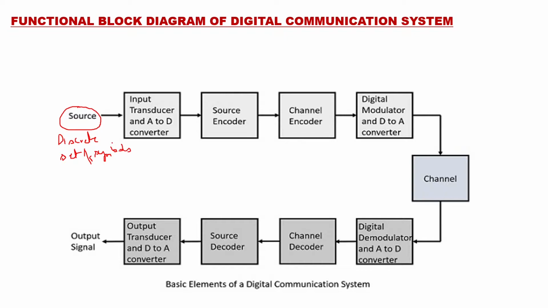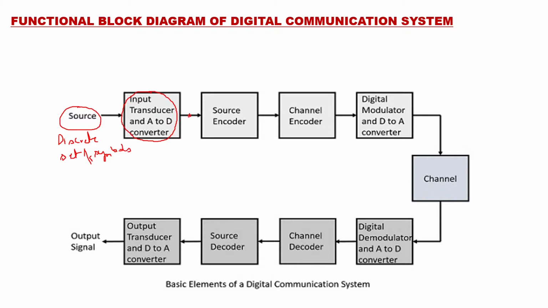Then after that you have an input transducer, also called an analog to digital converter. If the message is analog, then it will be converted into digital, and if the message is digital, then it will be taken as it is.